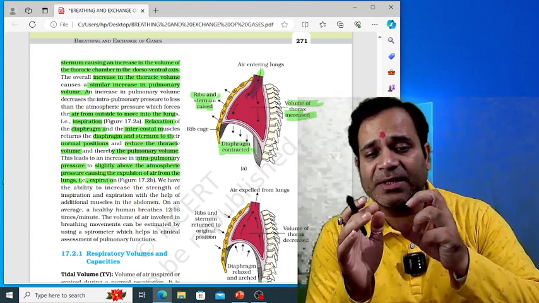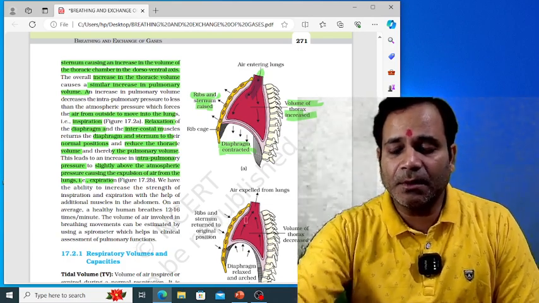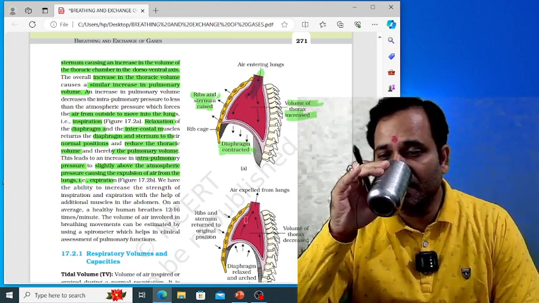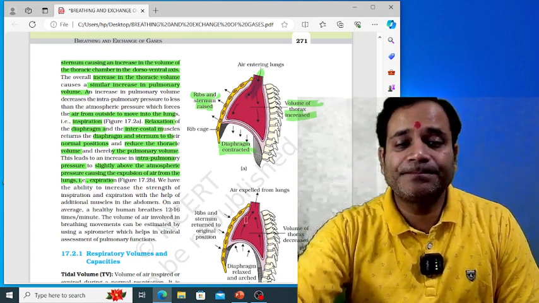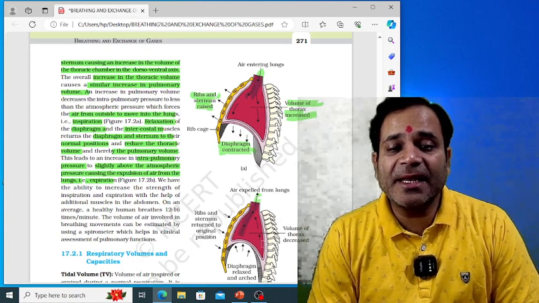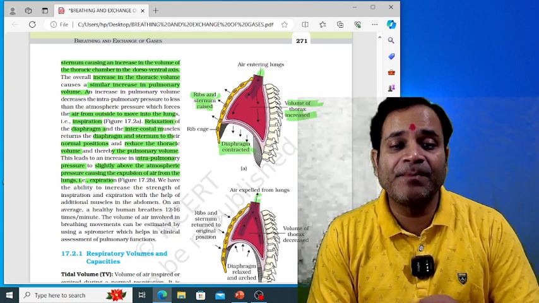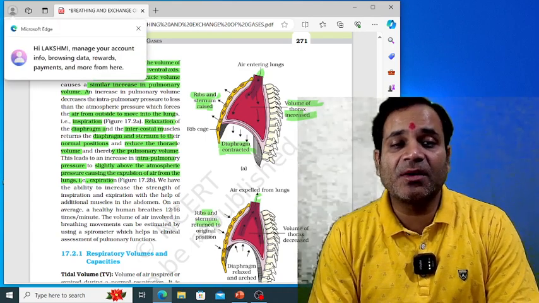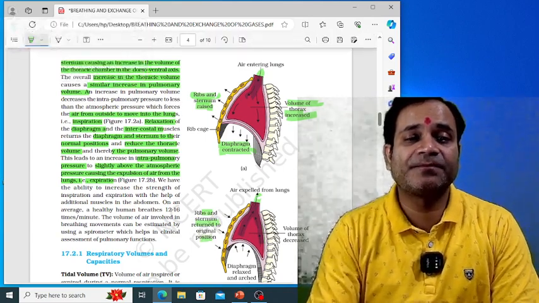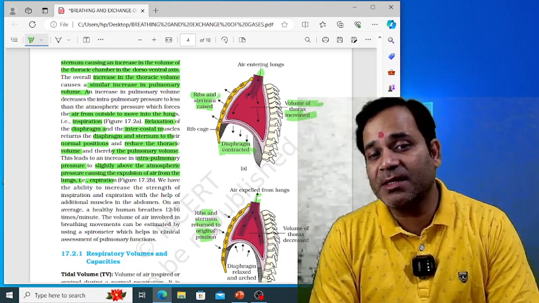During expiration, let's see this diagram. The air moves out from the lungs. Once the air is expelled from the lungs, at that time the ribs and sternum return to their original position.